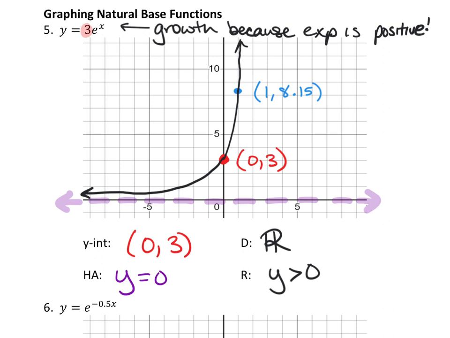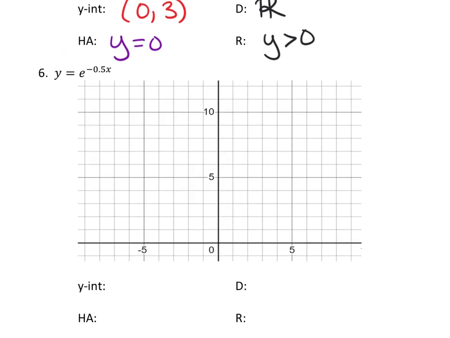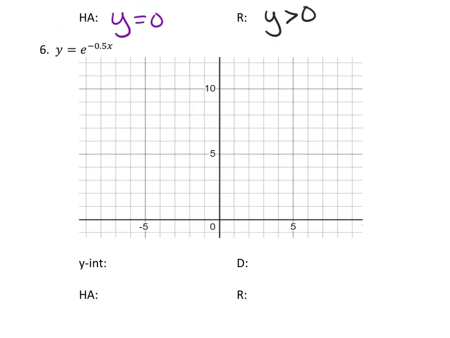Okay, cool. We've graphed a growth function, a good little estimation. What if we do this next one? If we look at the equation, what kind of function is this one going to be? Growth or decay? Decay. Why? Because the exponent is negative. We're going to write that down because these are notes and we need to make notes like that for ourselves.